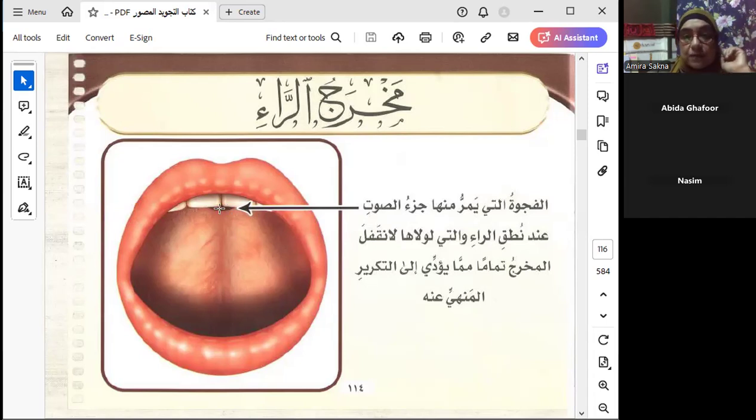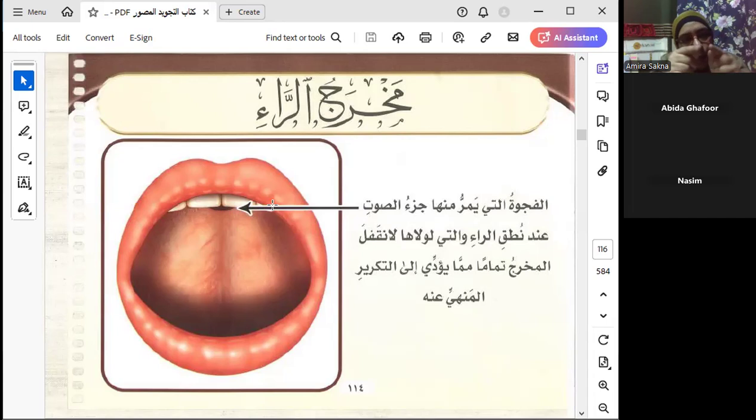The sound of the Arabic Ra is not trilled too much. Ar, ar, ar. So the tip of the tongue will be curved. Only the tip will be curved, not all the tongue. Do not curve all your tongue.